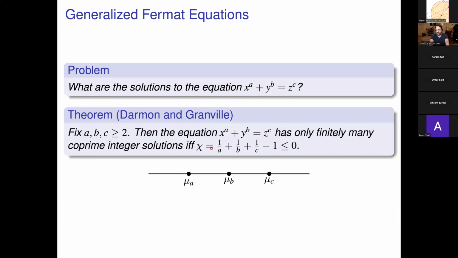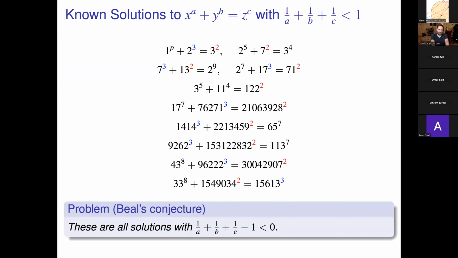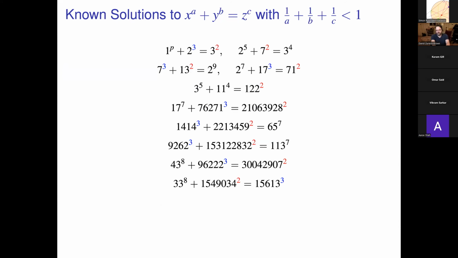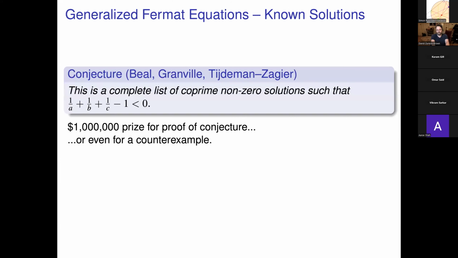So this chi being less than 1, that's the analog of genus at least 2 in the Mordell conjecture. And hyperbolic means negatively curved. I'll put it that way. So a sphere is positively curved. When you draw triangles on it, the angles can add up to more than 180. This condition is somehow the other extreme. Things are negatively curved. Triangles add up to less than 180.